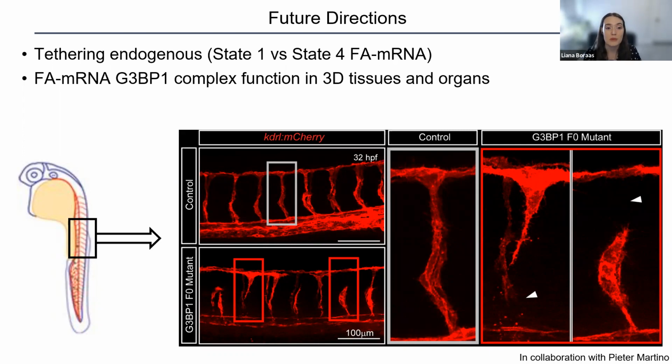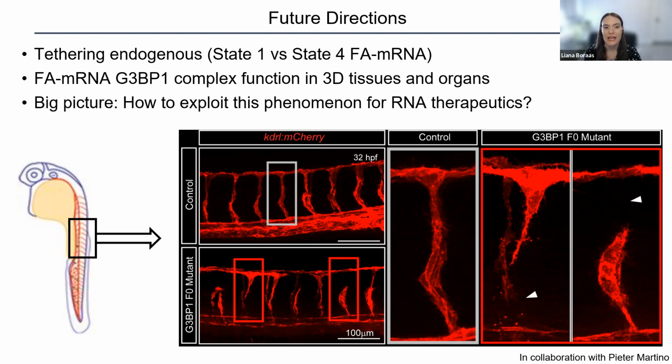We want to understand more broadly in 3D tissues and organs, but the very first phenotype that we noticed was in what are called the intersegmental vessels, or the ISVs. I've shown the diagram of the vascular system here in zebrafish. We have videos of this as well, but we saw first a delayed migration, and then also an issue with the G3BP1 mutant in terms of cell-cell contacts. They would either detach from the bottom vasculature or never be able to reach or attach to the top vasculature. So we think that this isn't something that is simply in a cell culture system, but also in organisms as well.